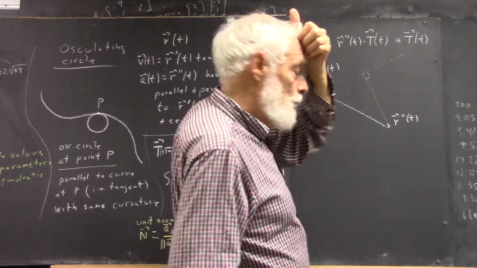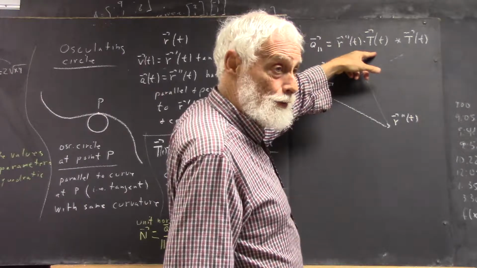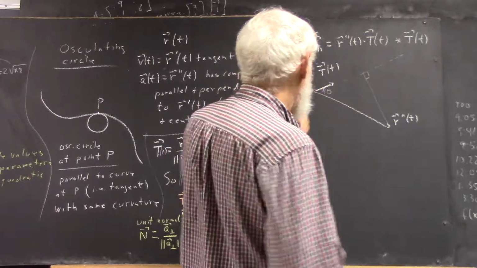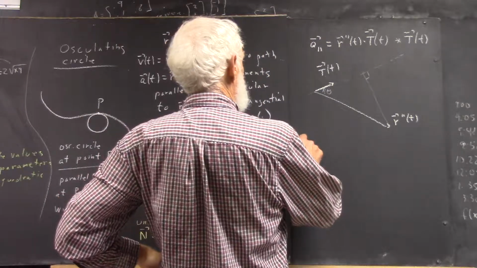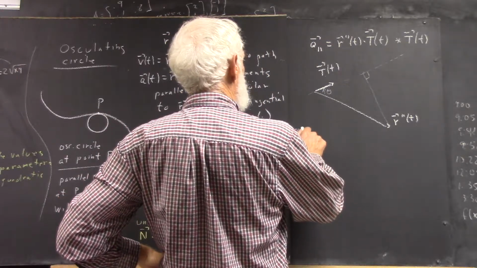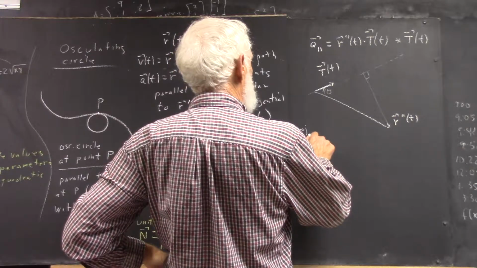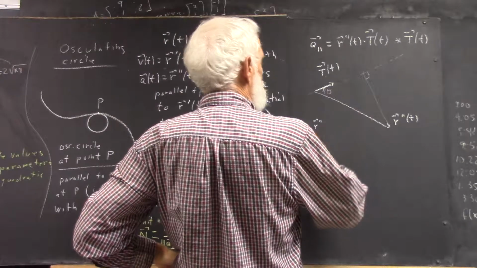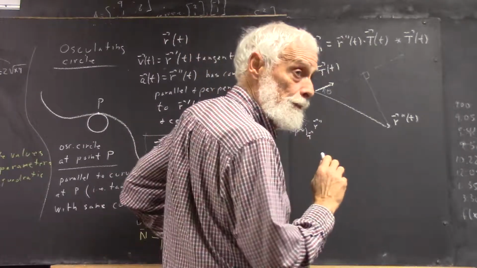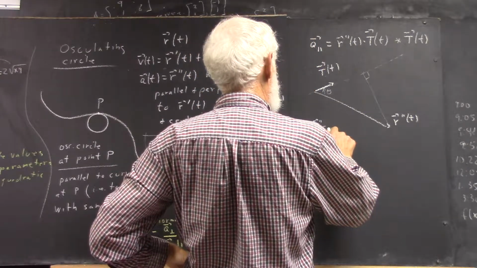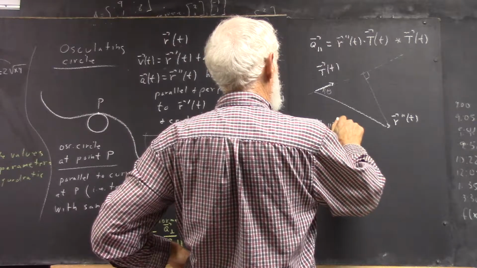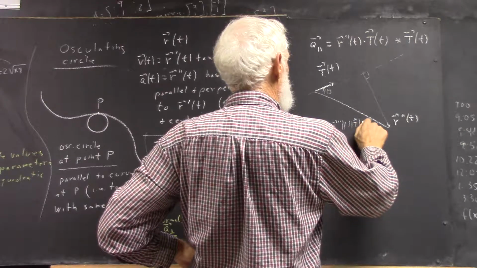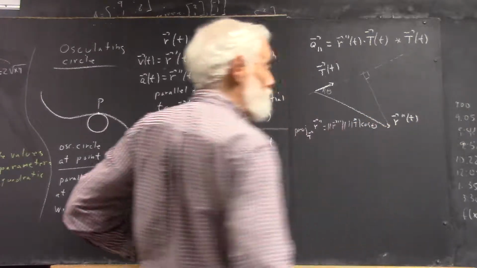Okay? Because the magnitude of the unit tangent is 1, then I'll write it out. Scalar projection on the unit tangent of r double prime, suppressing the t, right, is what? Magnitude of r double prime, magnitude of T, cosine theta.